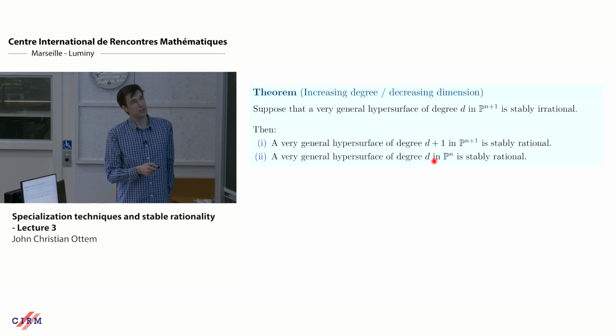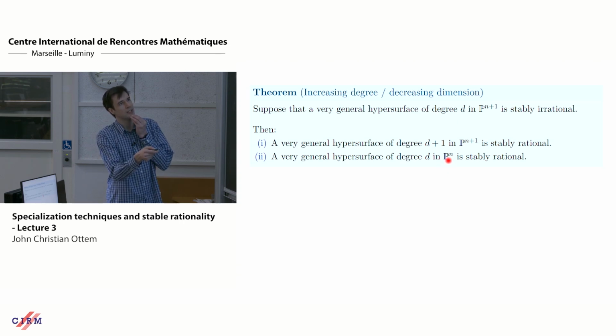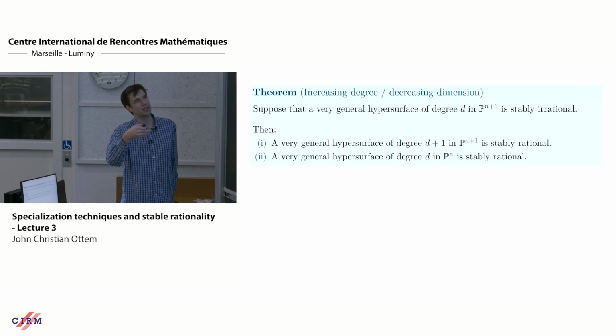And you can also, let's see. I think there's something odd about this statement. It should be that you can increase the degree by 1 and also the dimension by 1. I don't think you can deduce otherwise.